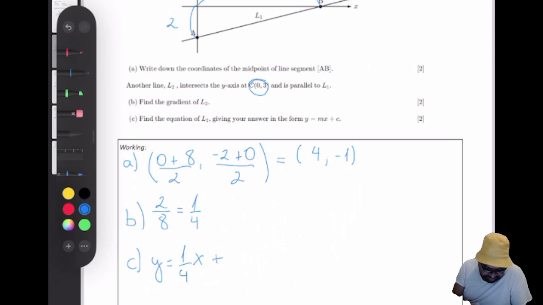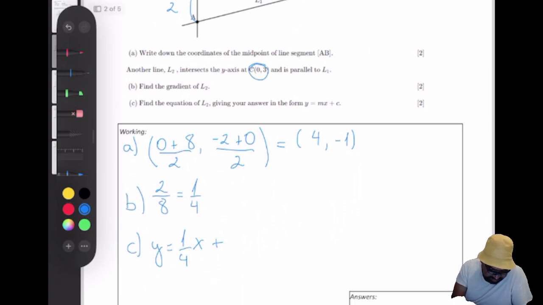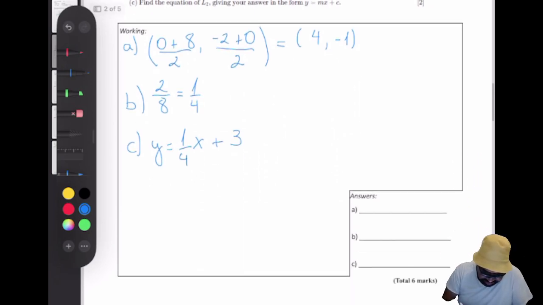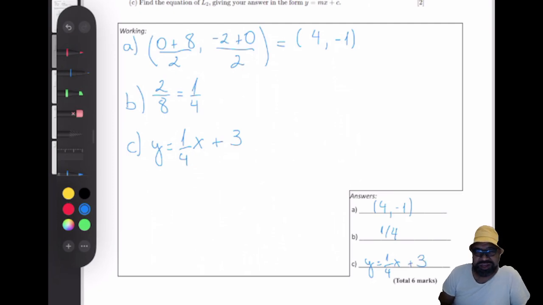Then 1/4 x plus 3. That's the equation. Great. Don't forget to write your answers: for A, (4, -1); for B, the slope here is 1/4; and the last one, y equals 1/4 x plus 3. Great. Question 2, done.